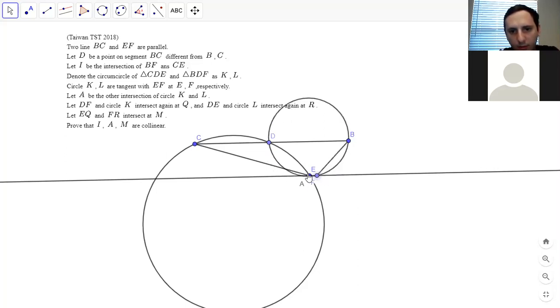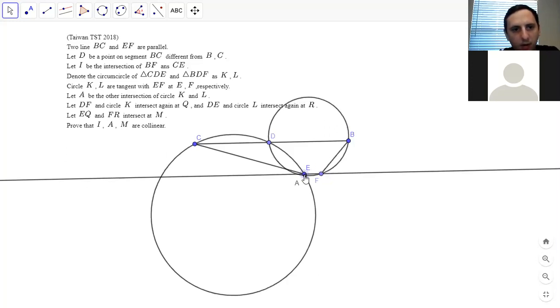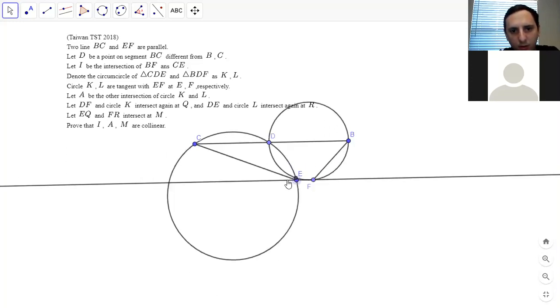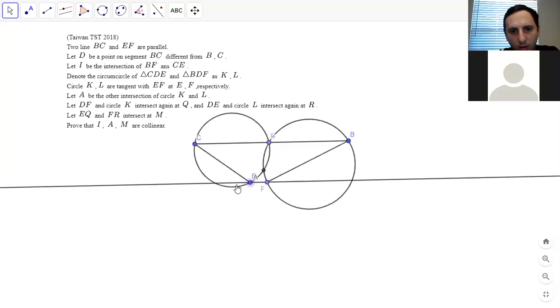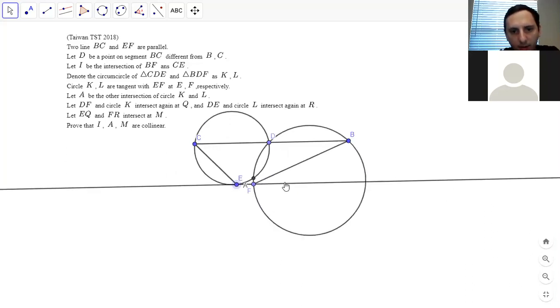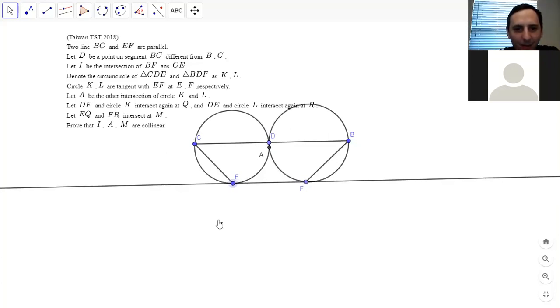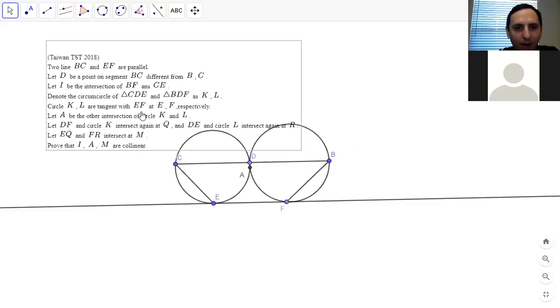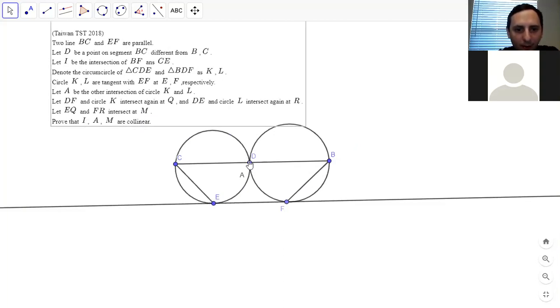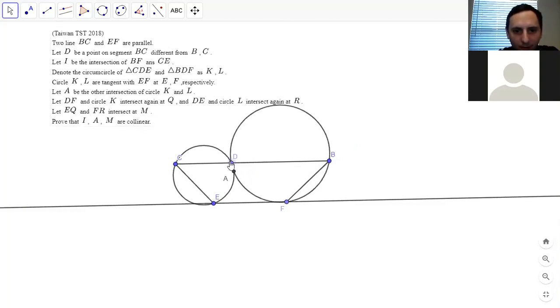So this one I could try to make it tangent, but oh, they could both kind of be like that. Oh, okay, like that. But then we just have to redraw point I. Okay. Yeah, good call. So I think we could do this problem then.